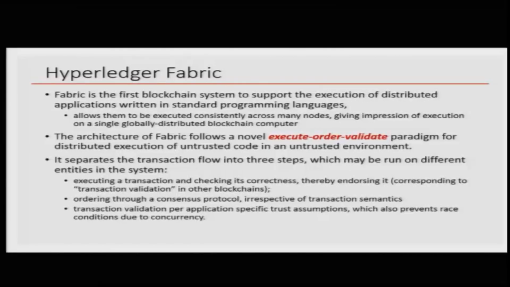So, HyperLedger has many different incarnations. HyperLedger Fabric is one of the most used ones, so we are talking about HyperLedger Fabric. There are other implementations of HyperLedger, but Fabric is, I would say, the most canonical implementation of HyperLedger, which is done by IBM. Fabric is the first blockchain system to support execution of distributed applications written in any programming language.